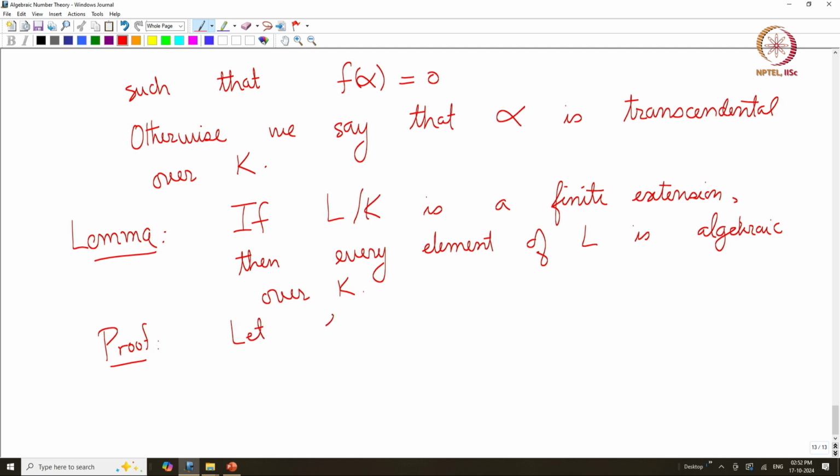So, let alpha be an element of L and assume that alpha is not equal to 0 or 1, because both 0 and 1 are contained in K, and so they will be algebraic over K. So, let us say that they are different from 0 and 1. So, you consider the infinite set.